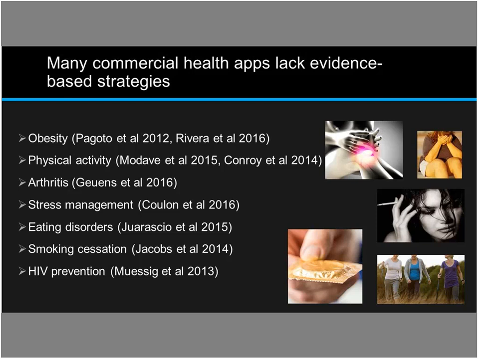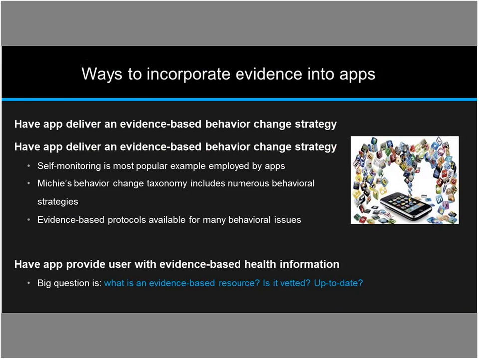Okay. So some ways we could incorporate evidence into apps might be to have the app deliver an evidence-based behavioral strategy. So for example, we have self-monitoring as a popular example of an evidence-based strategy employed in a lot of apps.